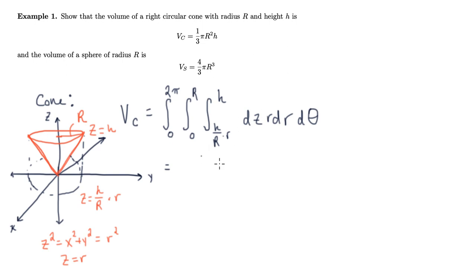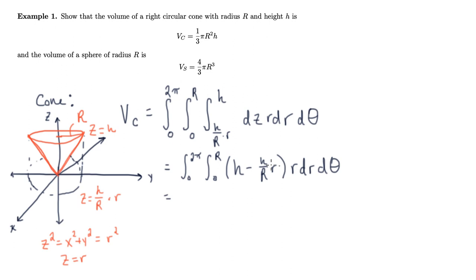Okay, so the inner integral, the z integral, is pretty easy to evaluate. It's just going to be z evaluated at these two endpoints. So in other words, h minus h over r times little r. And then I have r dr d theta.